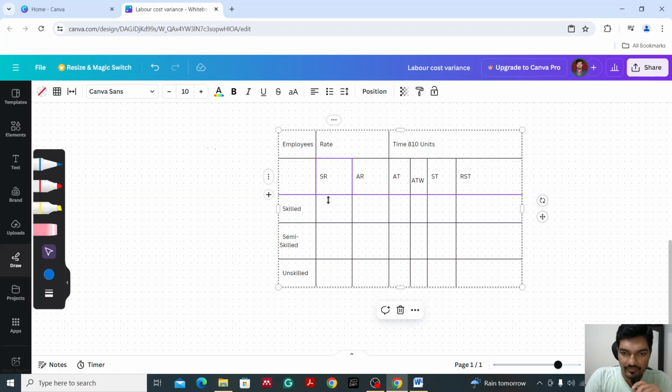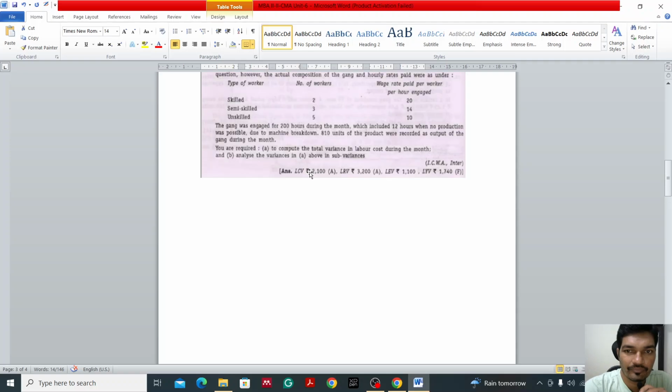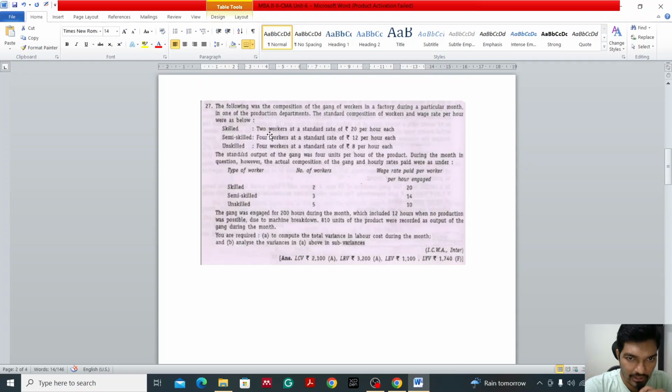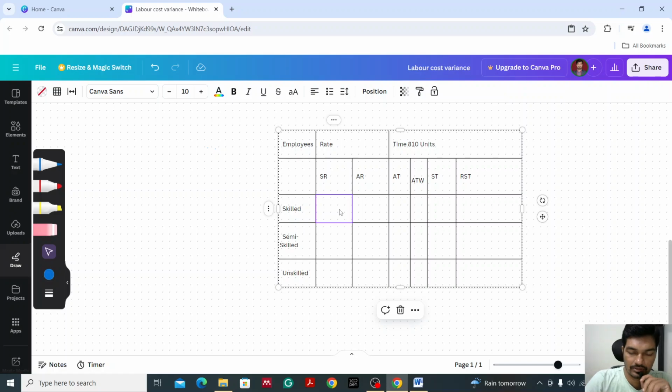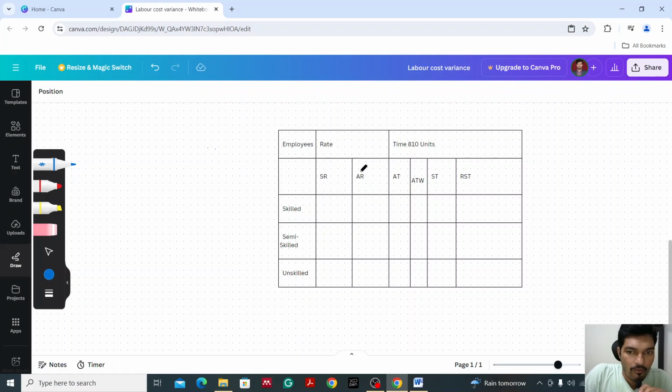If you look at the sum, the standard rate values are given at the beginning: two workers at a standard rate of 20 rupees per hour. That information we need to record in these columns. Here we'll take actual rate.